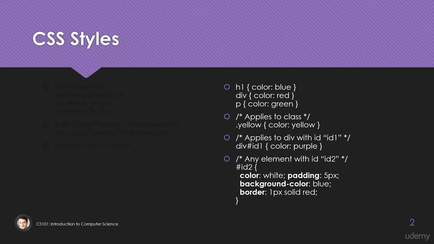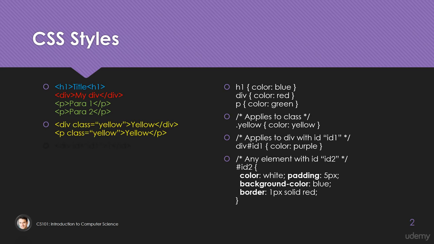So if we apply styles like this, let's see what it would look like if we built an HTML page. If we put in an h1 title, div, paragraph, this is what it would look like. The title would be blue, the div would be red, and the paragraphs would be green.